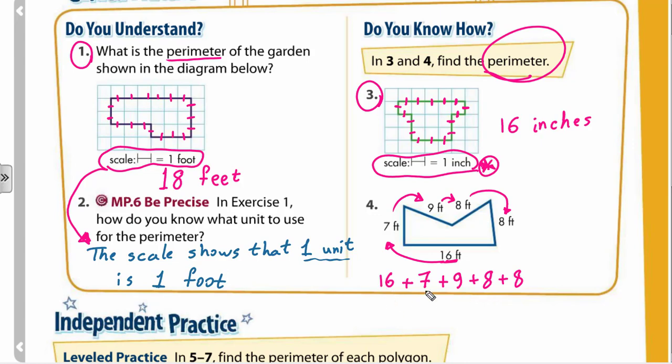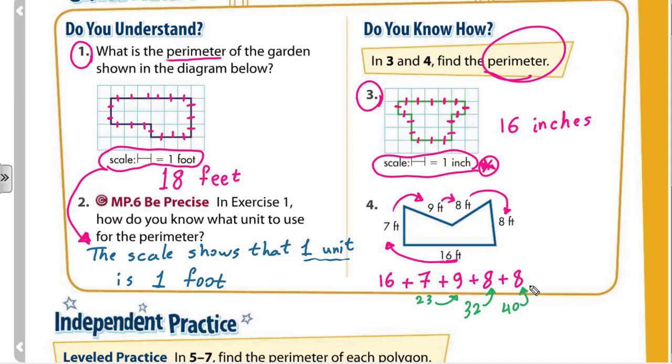You can count them 2 by 2. So 16 plus 7, 23. Okay. 23 plus 9, 32. Plus 8, 40.